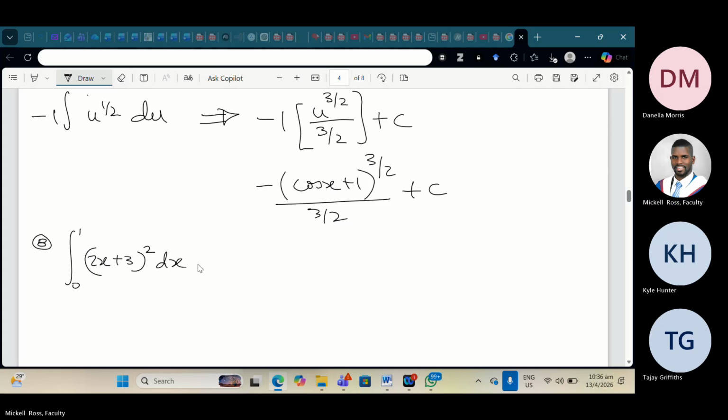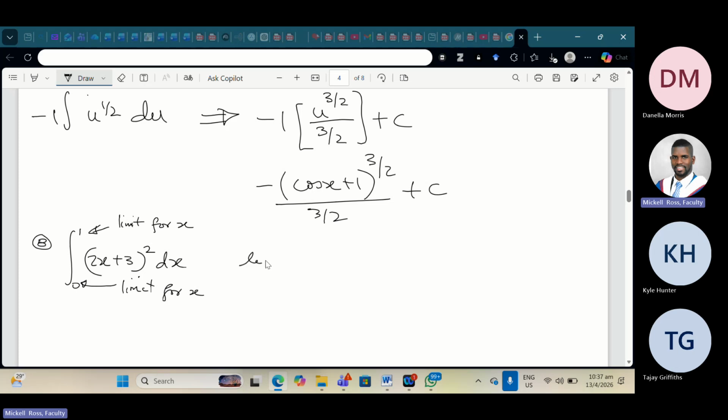Now, this right here is a limit for x. Bear this in mind. This is the lower limit for x and this is the upper limit for x. Why we're pointing that out, that is going to become important very soon.